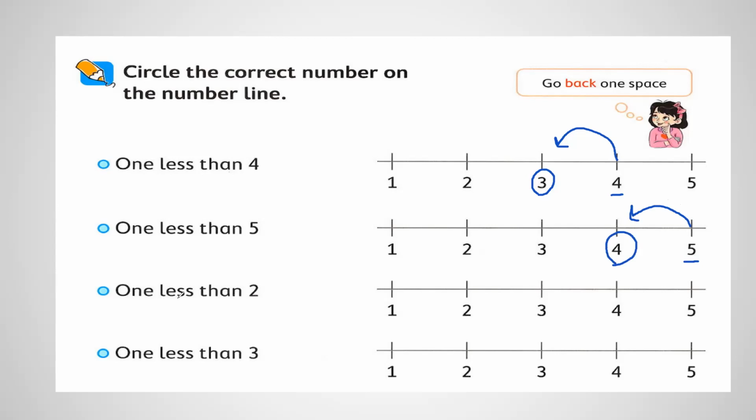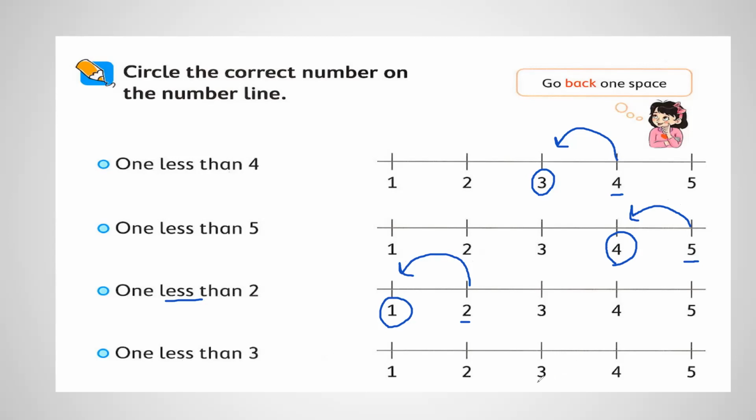Again, 1 less than 2. We are on number 2 here. Less than, so return back. Jump back from 2. So 1 is the answer. 1 is less than 2. Here, 1 less than 3.